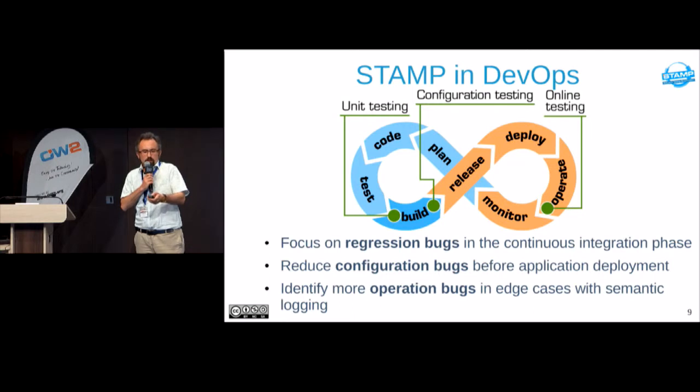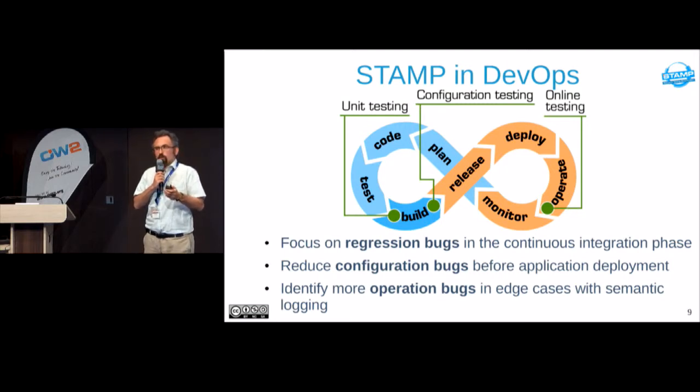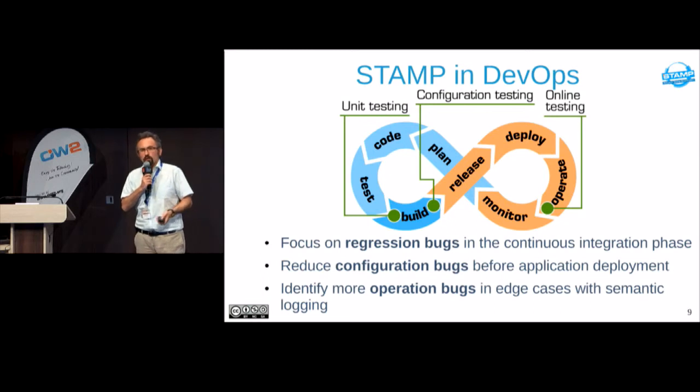I told you a bit about configuration testing. And the last part is online testing. The goal is to build a test when the application crashes. So it will use the logs to make a test.